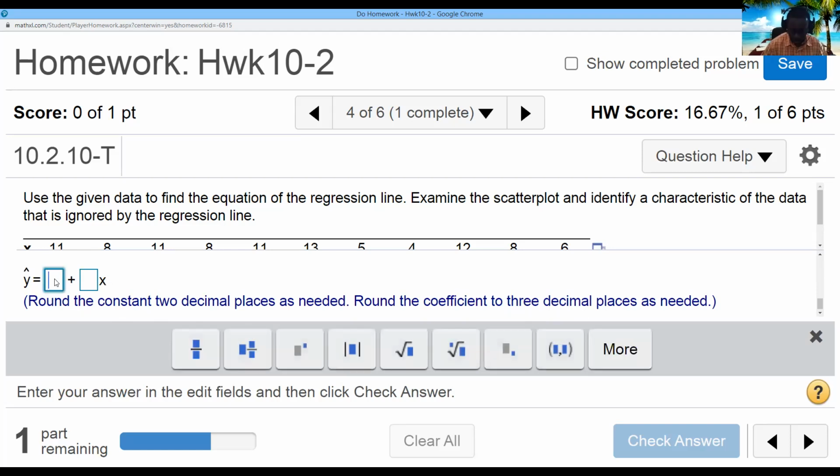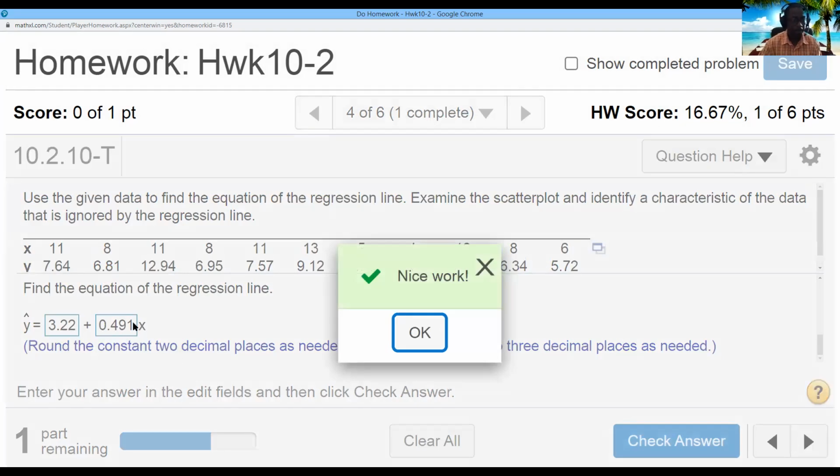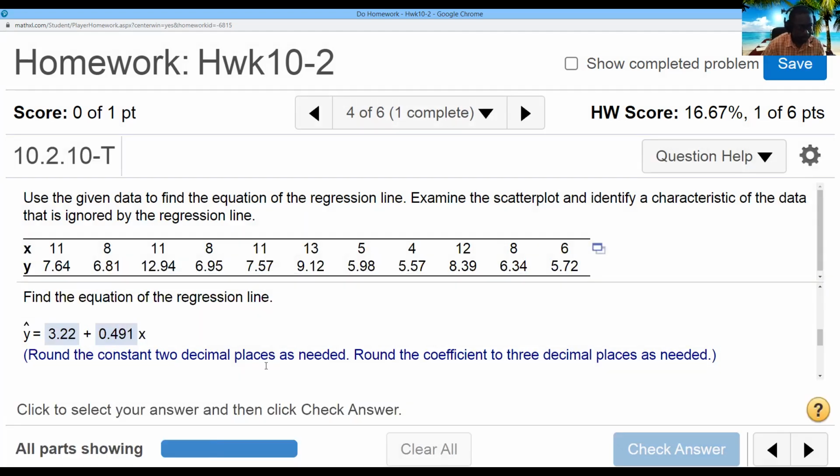So the constant will be 3.22, I believe, and the coefficient is 0.491. I hope I wrote it carefully.